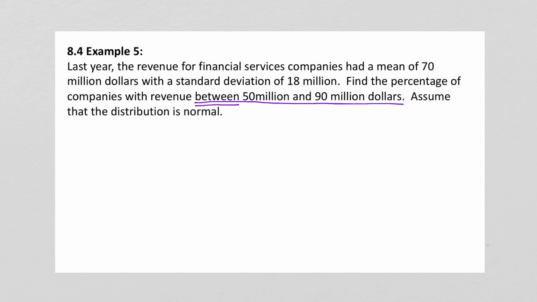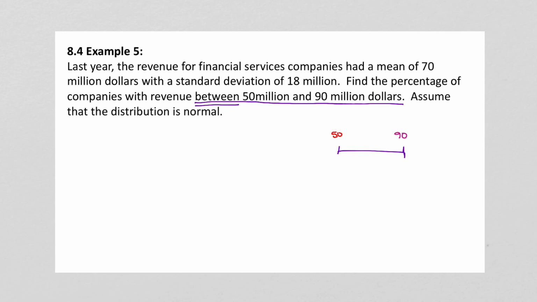Assume that the distribution is normal. We could draw a curve here, but this time I'm not going to worry about it. We want between 50 million and 90 million, so we want this amount in here.